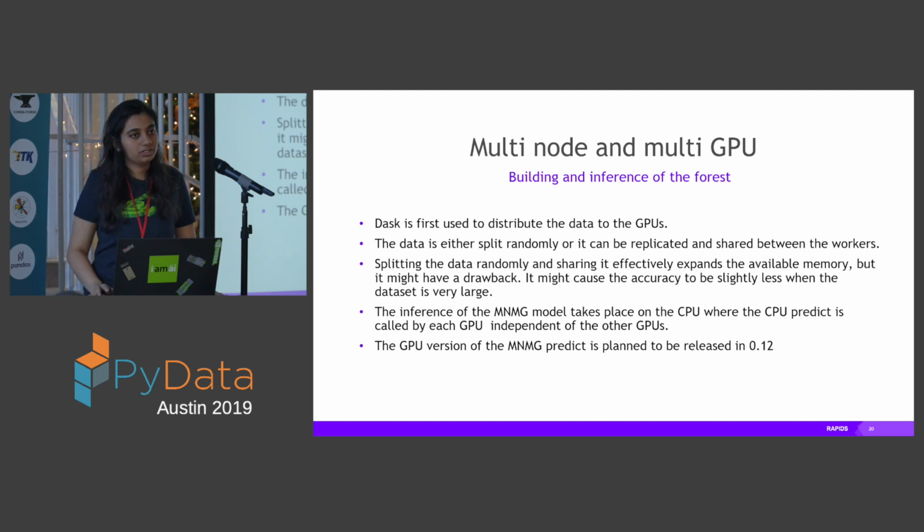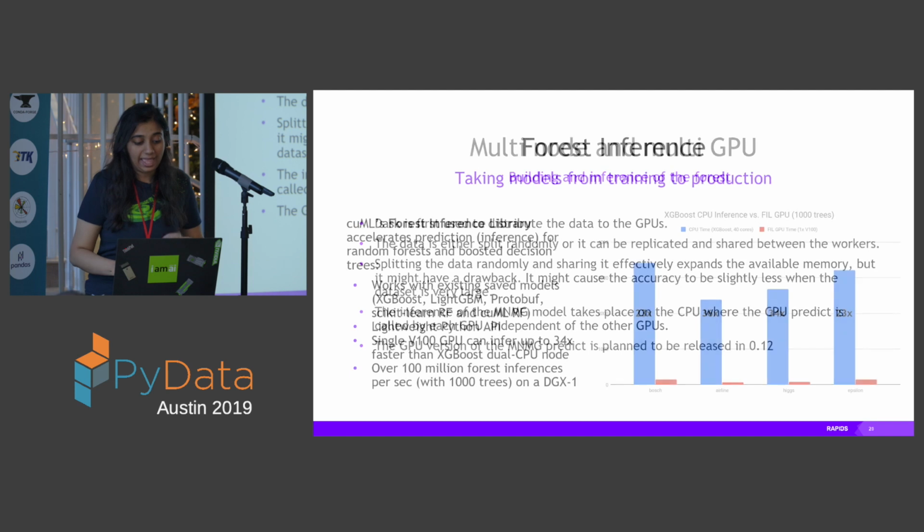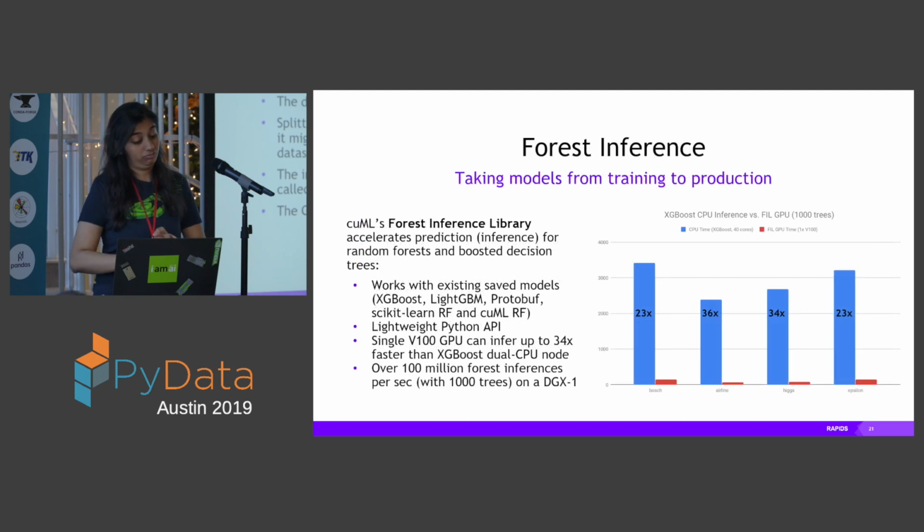So each GPU calls predict independently, and then you get your predicted results. For classification, you perform a voting on the results, or for regression, you just take an average. We're planning to release the MNMG prediction on GPUs in the 0.12 release, which is around mid-January.